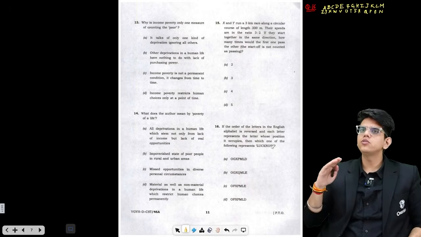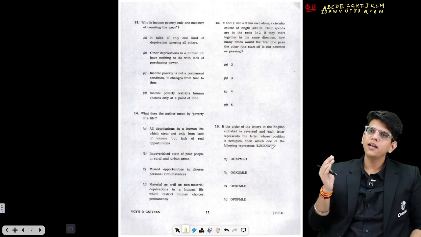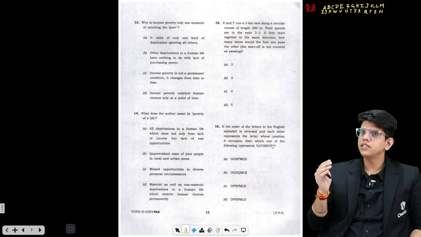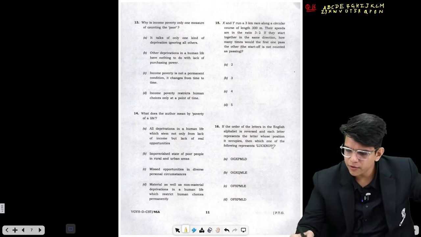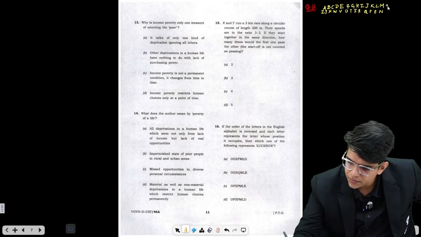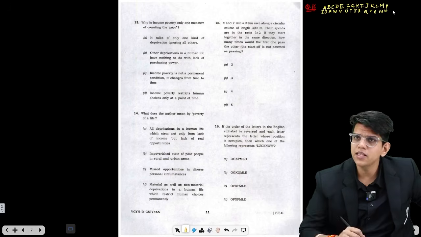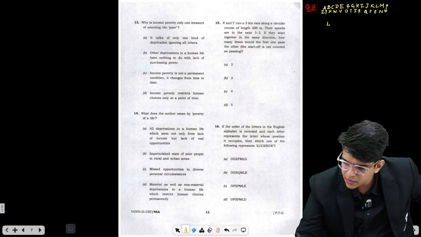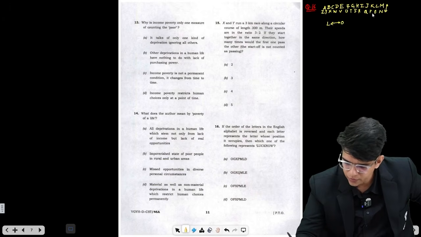When you do the reverse order and take the positional value, you have to take the opposites, right? So in this coding, L will be nothing but O. What is opposite to L? O, right?